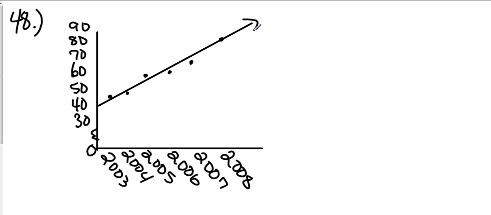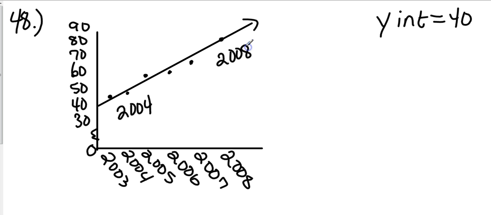I'm going to go ahead and do this equation. I would say my y-intercept is 40. For slope, I'm going to pick 2004, and I'm going to pick 2008. And the coordinates at 2004 were 48. And the coordinates at 2008 were 80.